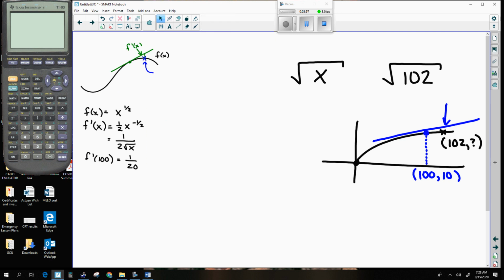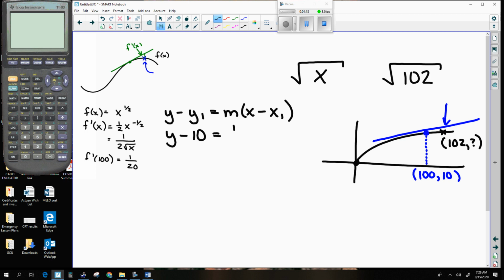Completing this out, finding the equation of my tangent line, where y minus y1 is equal to m times x minus x1, this is going to be my quote unquote linear approximation. That'd be y minus 10 is equal to m times x minus x1, again using my tangent line.